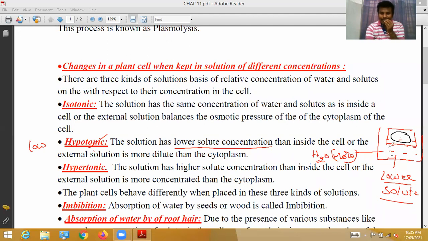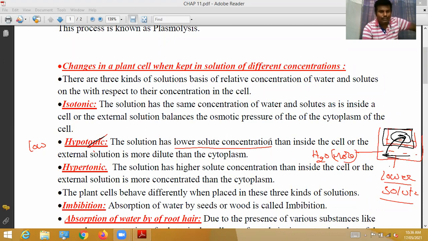Then what happens? Water enters from the solution into the cell. This is called a hypotonic solution. In these conditions the cell bulges out. Why? From the external medium, water has entered inside the cell.